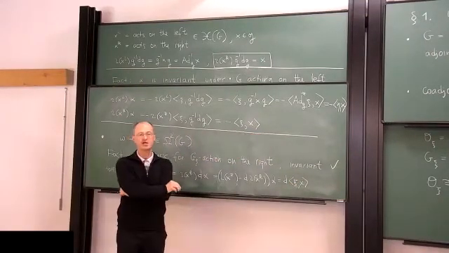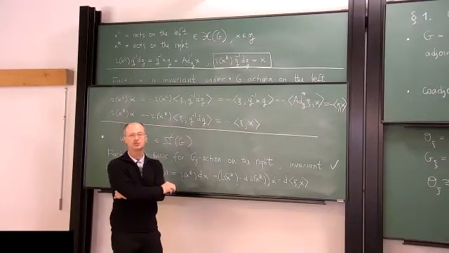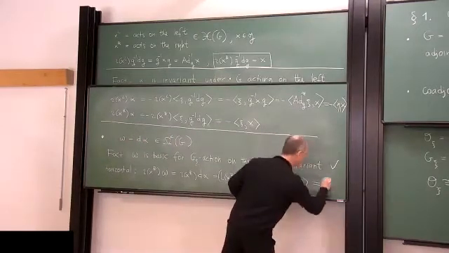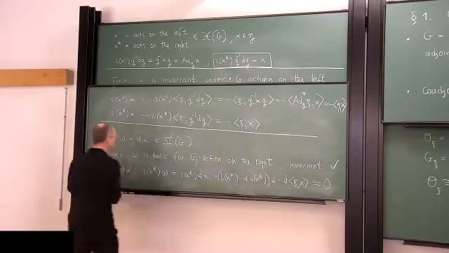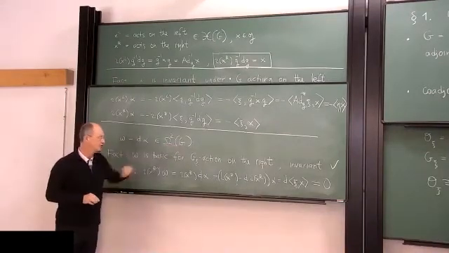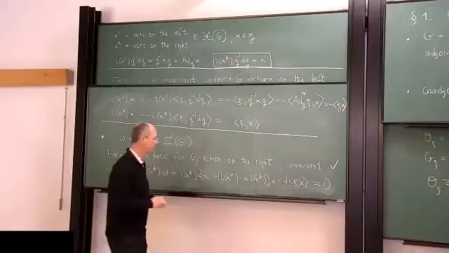Now both psi and x are constants. So the pairing of psi and x is a number, its differential is 0, and we are done. So we have a two form on G, which depends on psi, and this two form is basic.